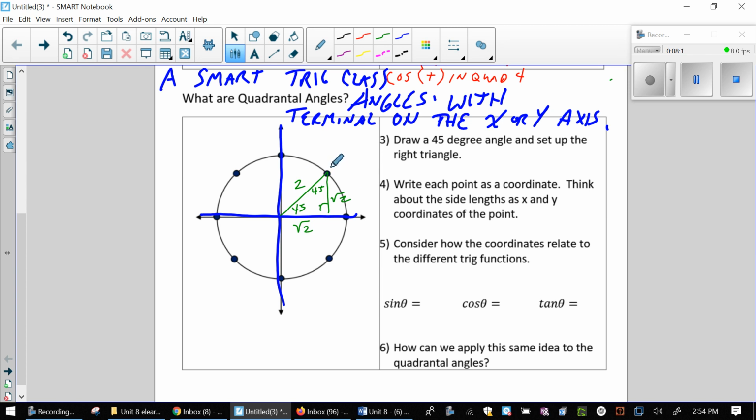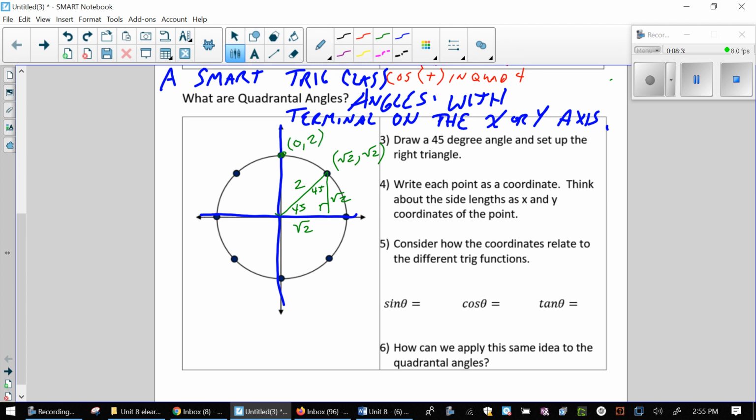Now think about this as each point that I've drawn in the circle is a coordinate. So to get to this point, I have to go to the right root 2 and up root 2. When I get here, I'm going left or right 0, and the radius is 2, so it's 0, 2.